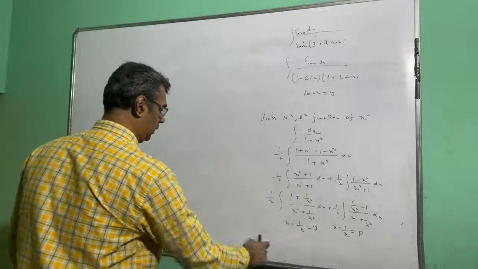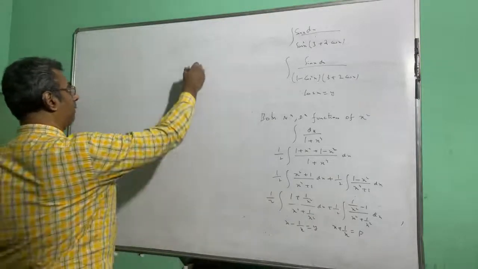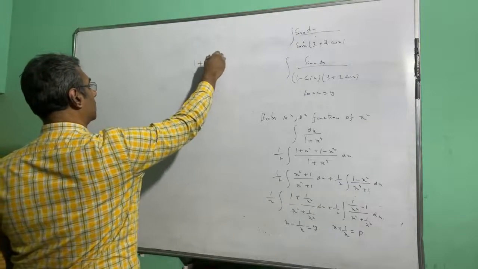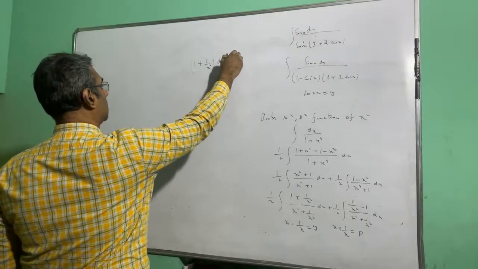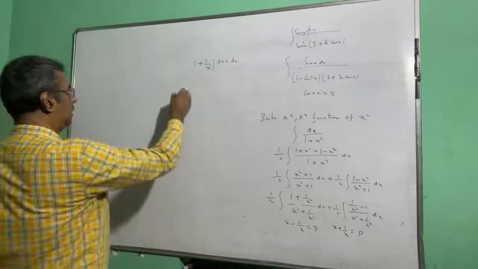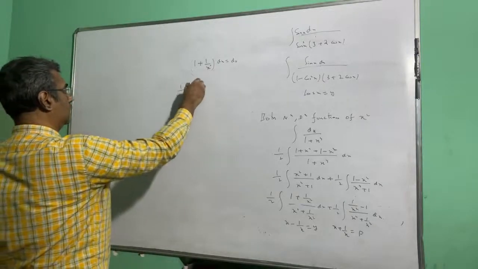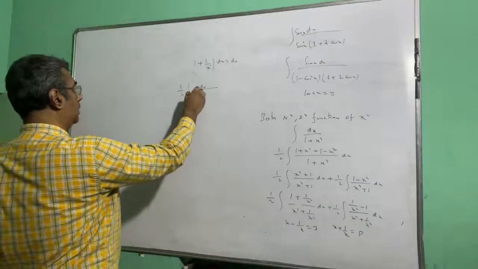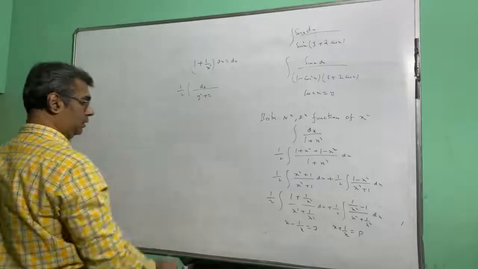So if you put x minus 1 by x as y, then 1 plus 1 by x squared dx is dy. So integration dy by y square plus 2.